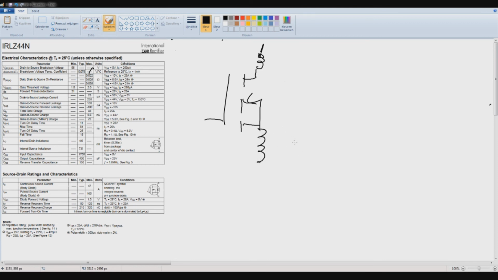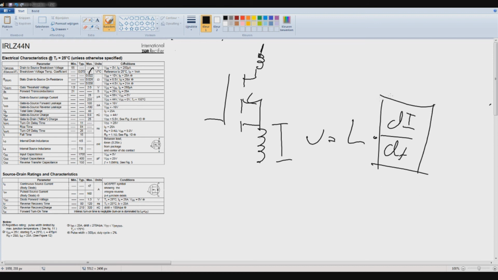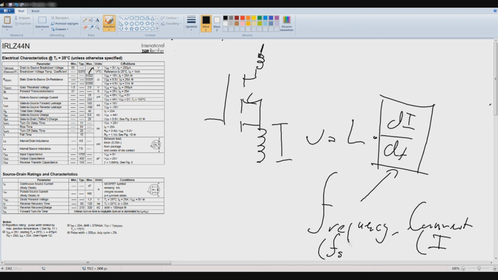And the formula for the voltage drop across an inductor is the inductance times di/dt. Therefore, this little part over here depends on the frequency you're switching with, and the current, the drain to source current.